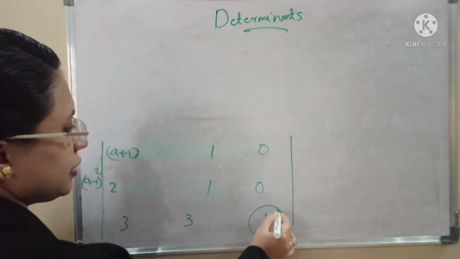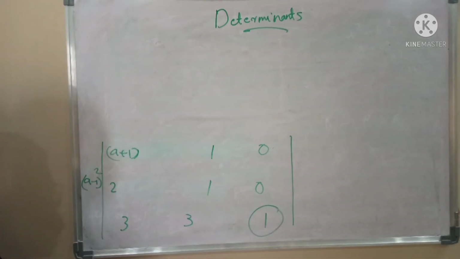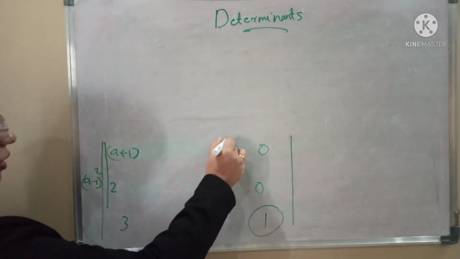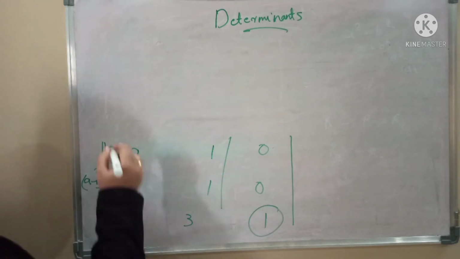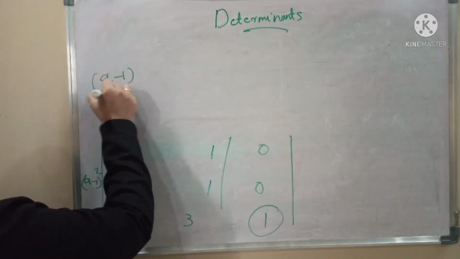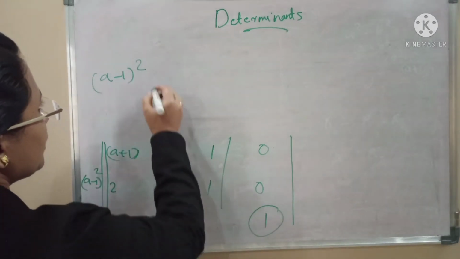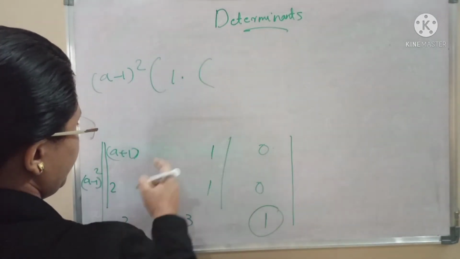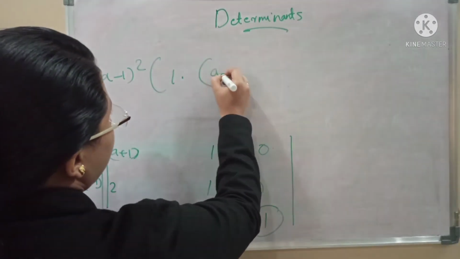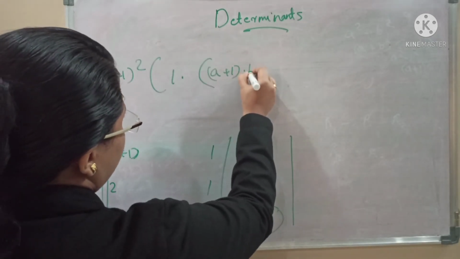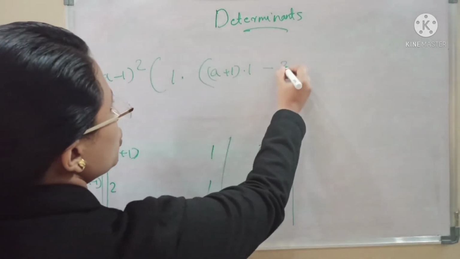Now if we consider this, what will be the determinant? So this is going to be (a minus 1) square into 1 into (a plus 1) into 1 minus 2 into 1.